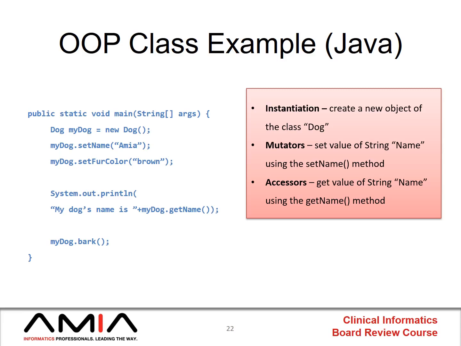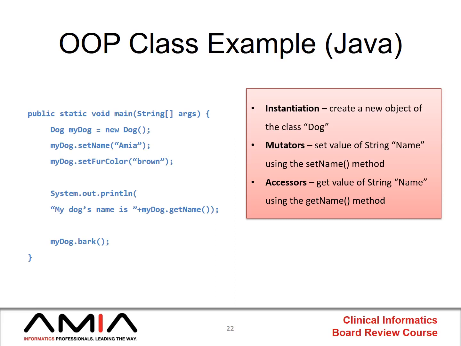And then try to guess what it'll say when you execute the myDog.bark statement. You'll remember that from the actual template for the class itself, that bark function actually returns a value of woof. And we didn't override it, so it has no reason to show anything but woof. So it'll say, my dog's name is Amia, woof.